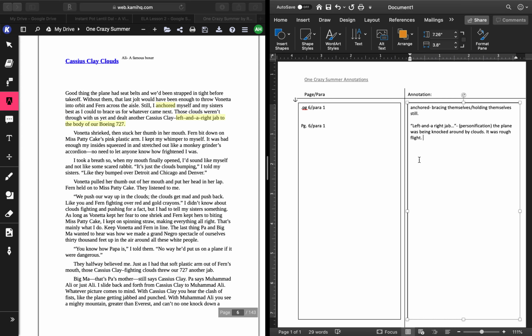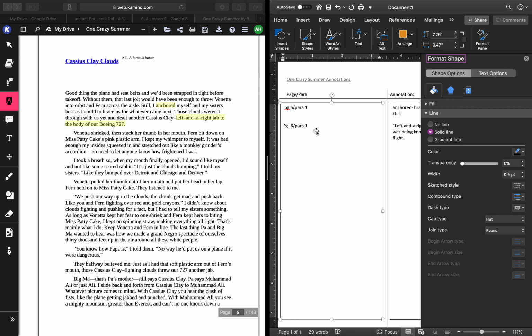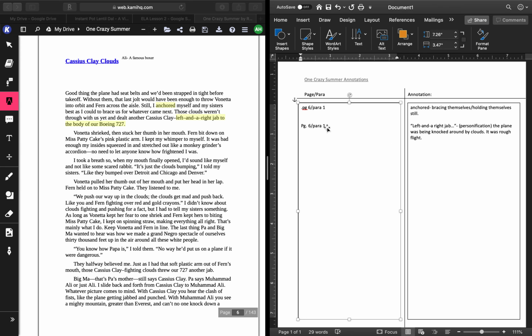Now, we've annotated our vocabulary. We found personification, but we were also introduced to some people in this first paragraph. Were we told a lot about them? Not yet, right? We weren't told that much about them, but we were introduced to some characters. So we're still on page 6. We don't have to keep writing paragraph 1 if we haven't moved on.